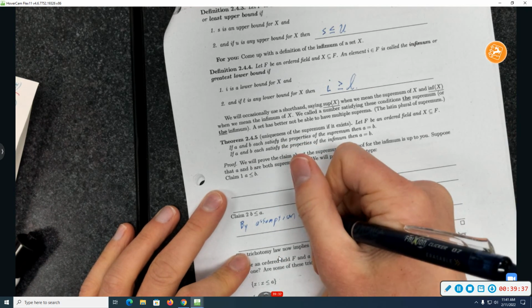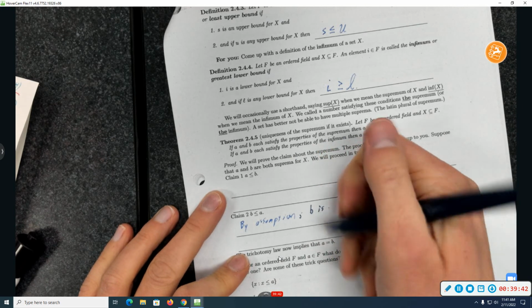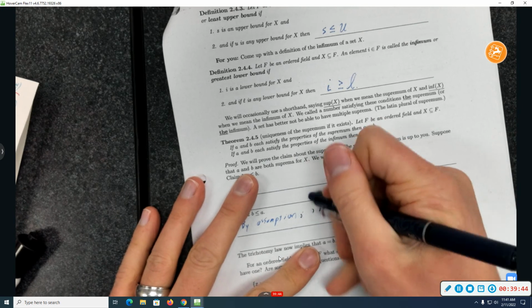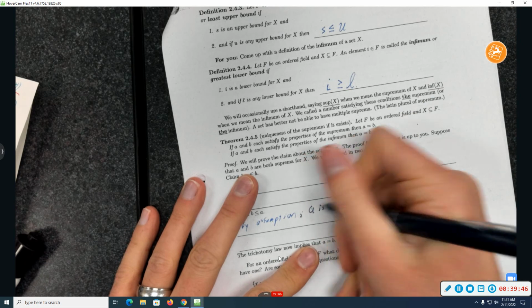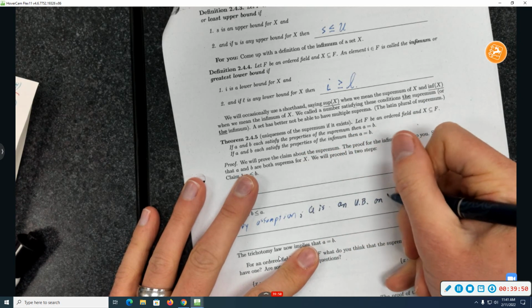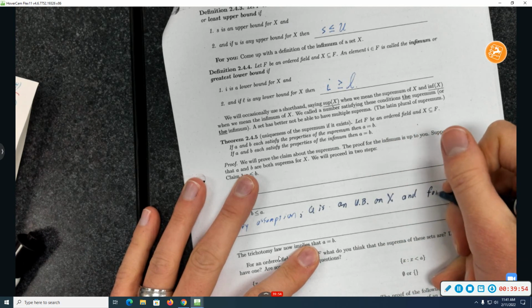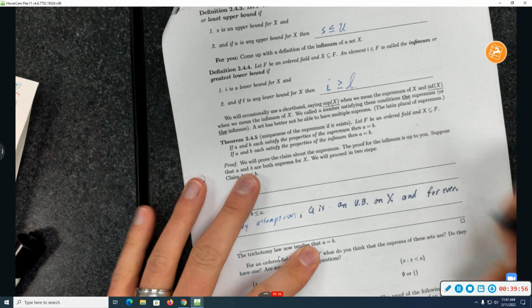That pen is getting a little bit low. B is, no, I'm using A as an upper bound. A is an upper bound on X, and for every, no, let's just write it this way.